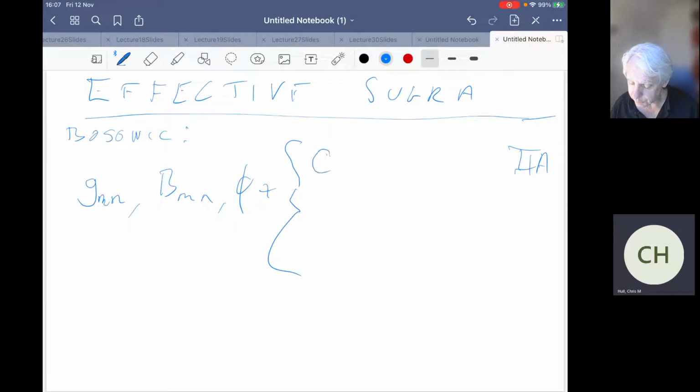has a vector field, which I write as C1, saying it's got one index, and a three-form or third-rank antisymmetric tensor gauge field. For 2B, there's a naught form or scalar, a two-form or second-rank antisymmetric tensor gauge field, and a fourth-rank antisymmetric tensor gauge field. This is one whose field strength, which is a fifth-rank antisymmetric tensor, is self-dual.